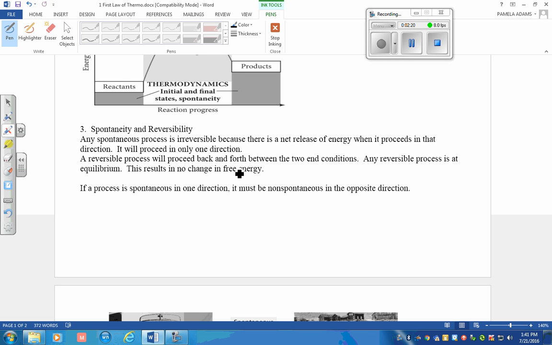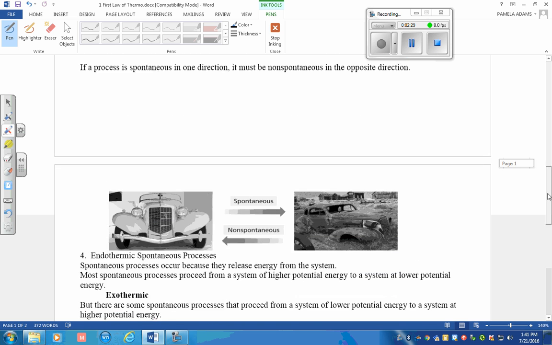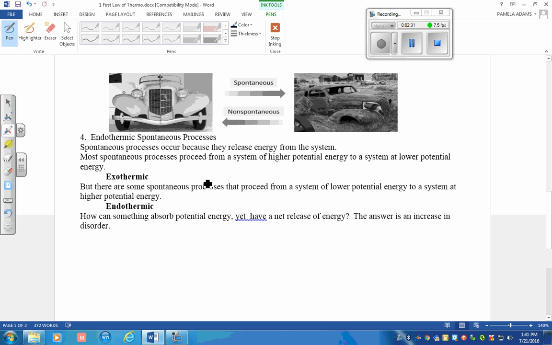When a reversible process is at equilibrium, there is no change in the free energy. Okay. Now we do recall exothermic is spontaneous in the forward direction, and endothermic is spontaneous in the reverse reaction.